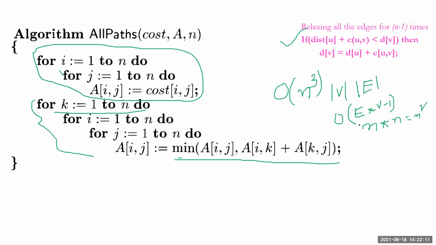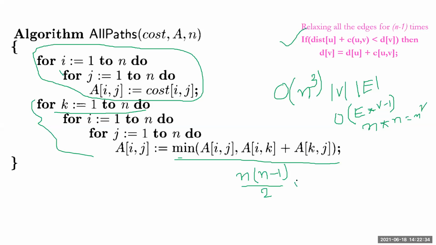Complete means, look at this, how many edges will be there in a complete graph? The number of edges will be n into n minus 1 divided by 2. These are the edges incident from one vertex to another in a complete graph.